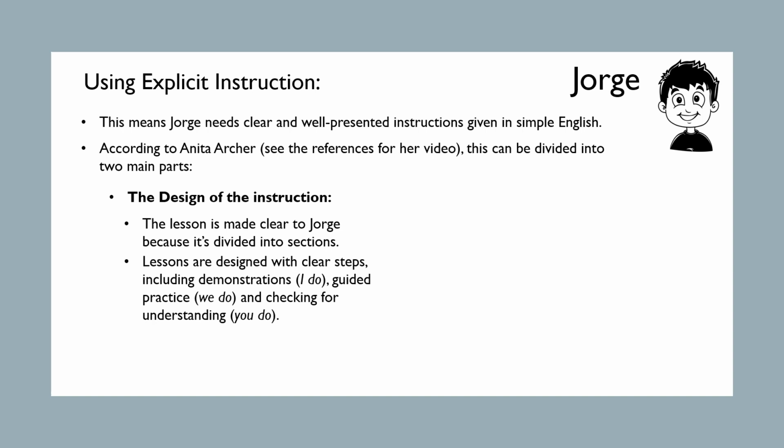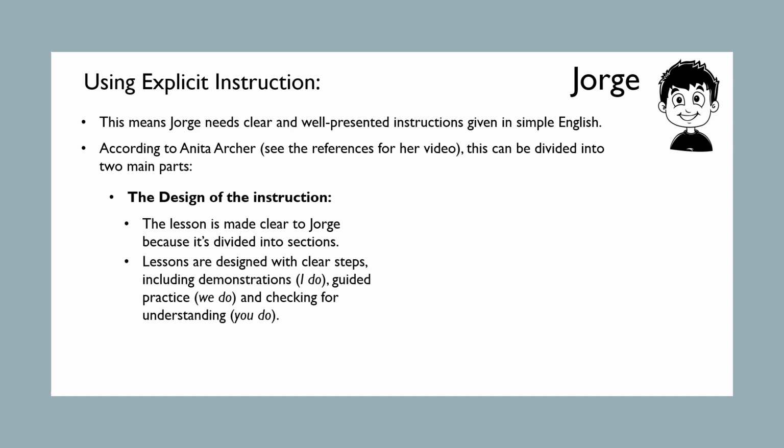The lessons are designed with clear steps, including demonstrations. I do, guided practice, we do, and checking for understanding, you do. For example, if the lesson is about life cycles, you'd start with a lot of pictures of different life cycles and maybe match which animal matches which life cycle. Then the class could use a graphic organizer to write the life cycle of a human.